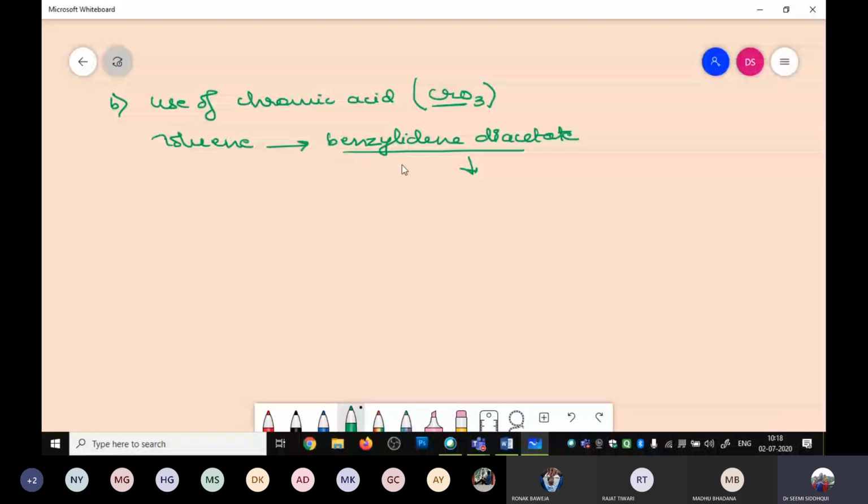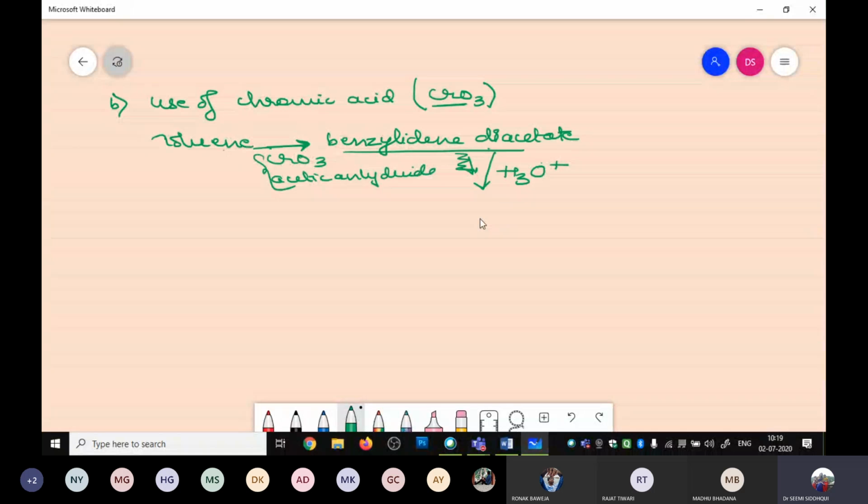Over here, for converting or substituting a toluene, you are going to use CrO3 as well as acetic anhydride. Okay, when you are going to use it, it is going to give you a benzylidene diacetate. This benzylidene diacetate undergoes a hydrolysis.